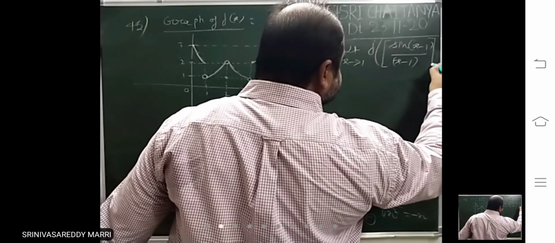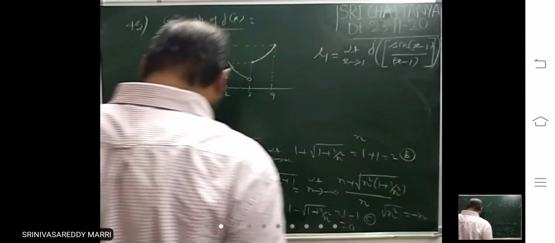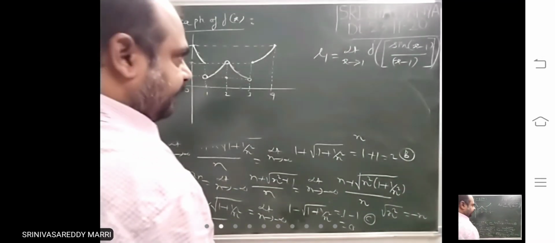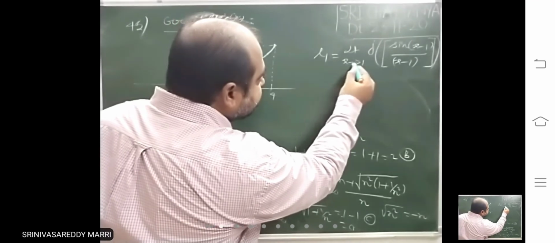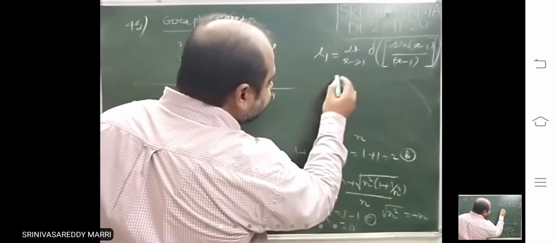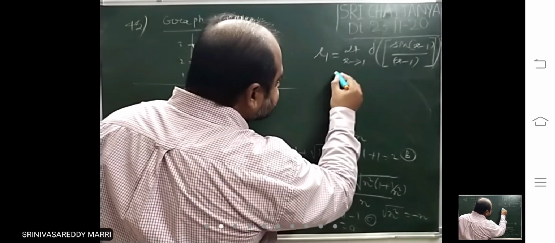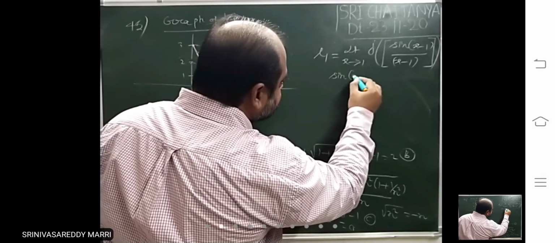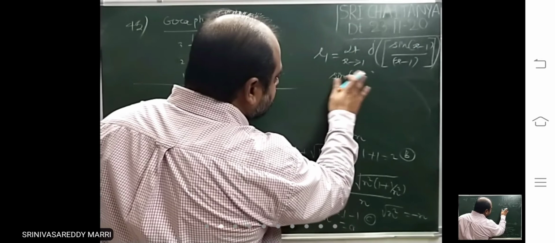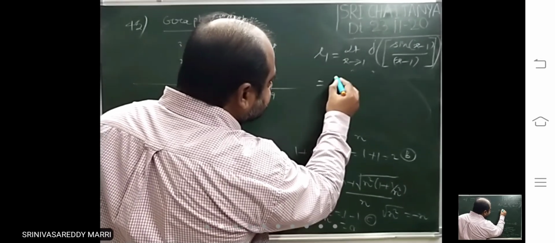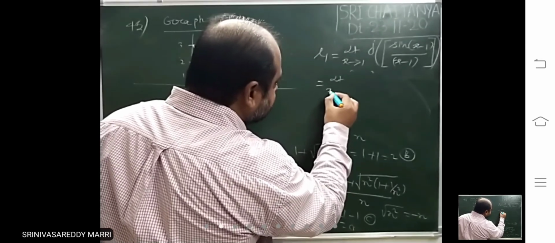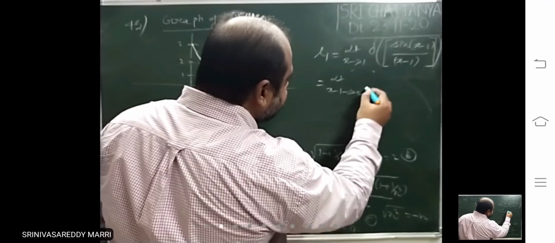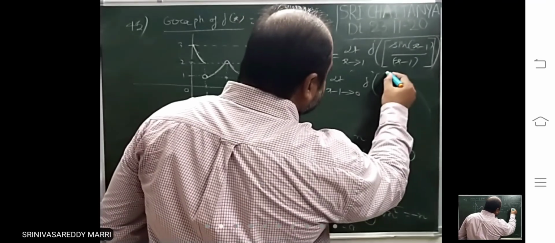First we will write the step. What is its value? The step value. Look at x tends to 1, this one. That means look at sine of (x minus 1). I am changing the limit like this: x minus 1 tends to 0.